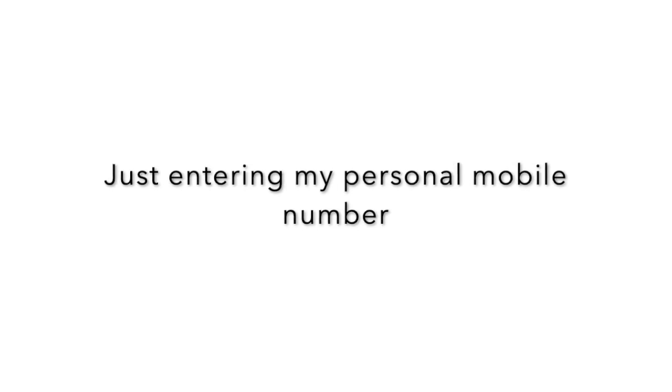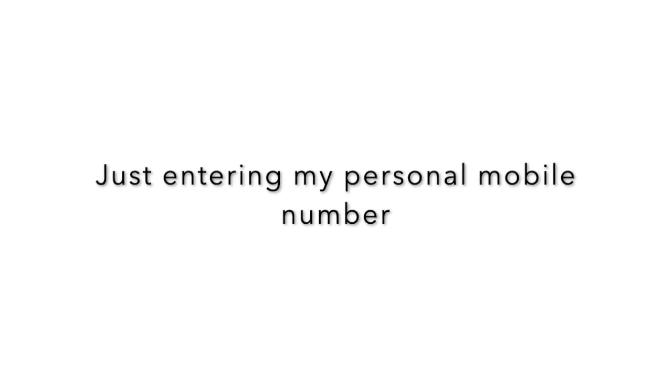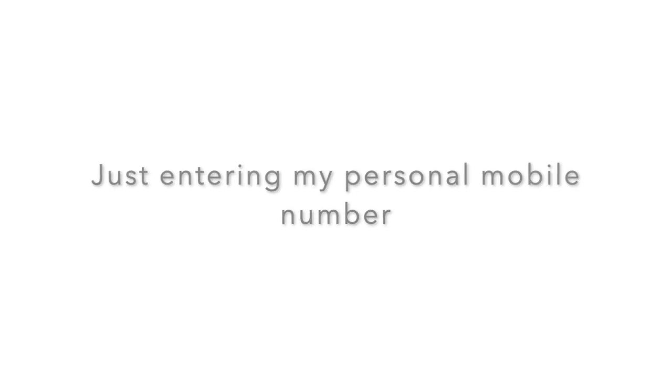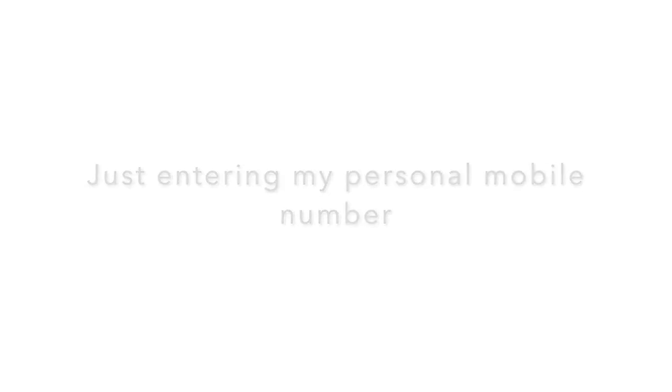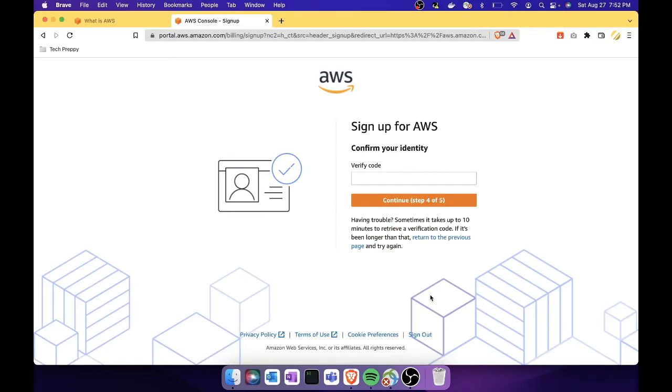And then I need to enter this CAPTCHA. Then I believe I should click send SMS. It should send you a text message where you will enter the code. This is a 4-digit code. Then let's enter that.